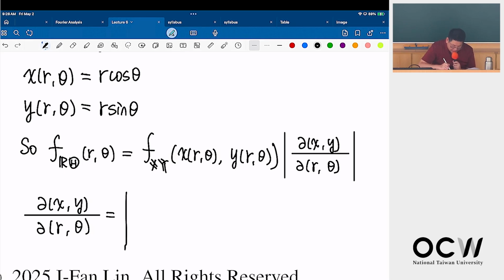First row related to x, so partial x over partial r, and partial x over partial theta. Second row, partial y over partial r, and partial y over partial theta.